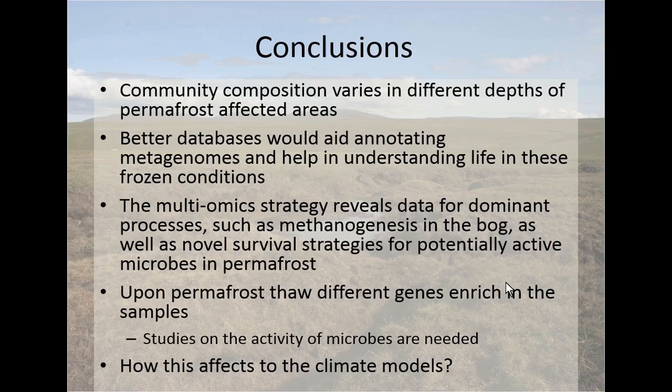I could also see that upon permafrost thaw, different genes were enriched in the samples. So we really need to understand how the microbes in thawing permafrost are reacting to climate change, and somehow incorporate this into the climate models.